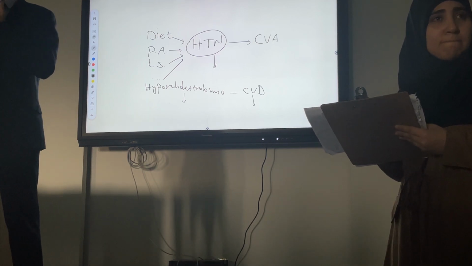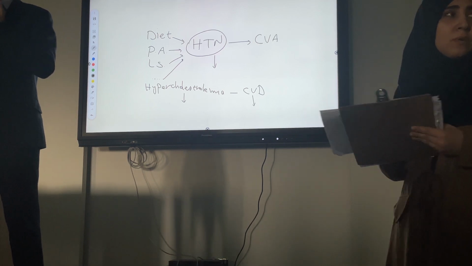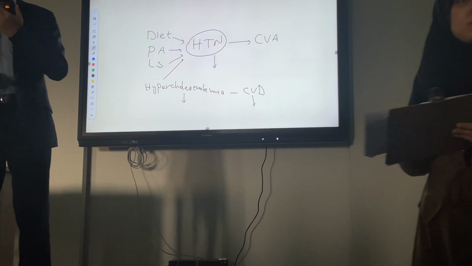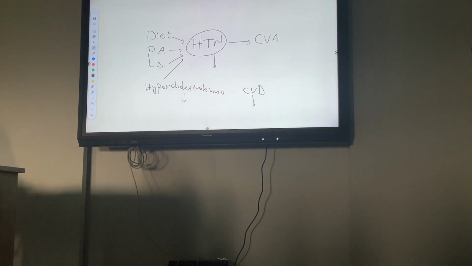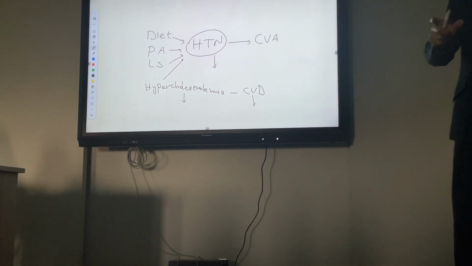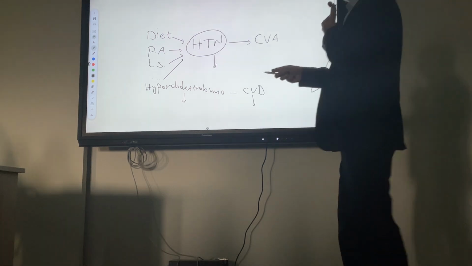Although prevention is much better than treatment, in a broader term, in a holistic view, treatment of a disease that is a risk factor for another disease can prevent the second disease. The first disease can be a risk factor for the second disease.